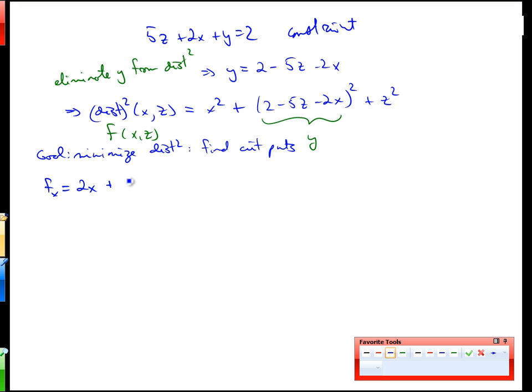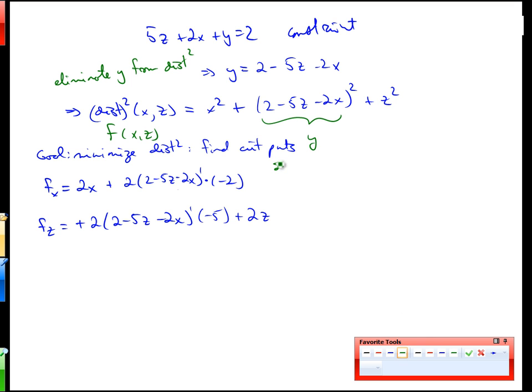Derivative of this will be 2 times the entire expression again, times the derivative of the inside, and careful, it should be negative. Let's not lose signs this early in the problem. Times negative 2, and the derivative of z with respect to x is 0. The z derivative, 0, 2 minus 5z minus 2x to the power 1, times negative 5, the derivative with respect to z of the inside, plus 2z.